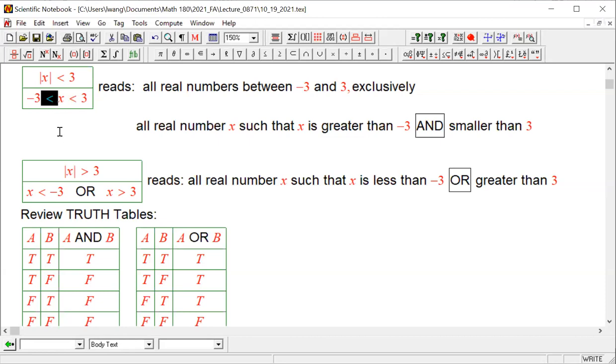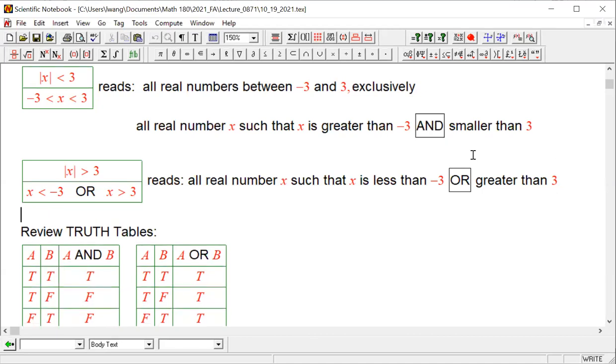You guys follow me? All right. Now, for the or case, we cannot combine these two. In other words, whenever you combine them, it means and.